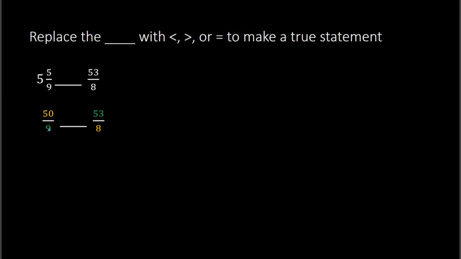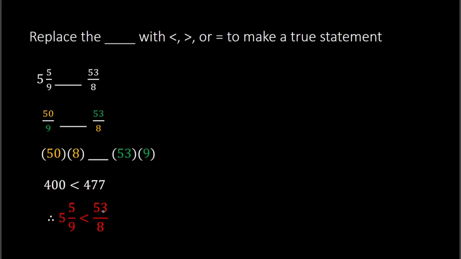So I have 50 over 9 on the left, 53 over 8 on the right, and to determine which one is bigger, I multiply across 50 times 8, and then 53 times 9. 50 times 8 is 400, 53 times 9 is 477. 400 is smaller than 477, so 5 and 5/9 is smaller than 53 over 8.